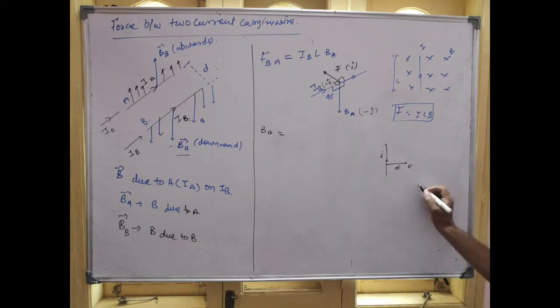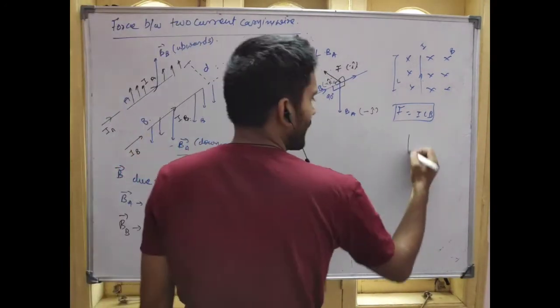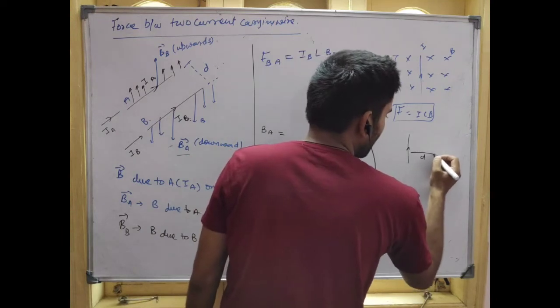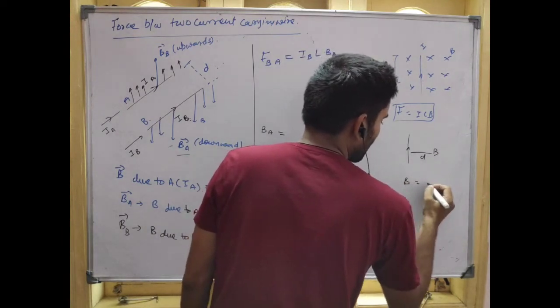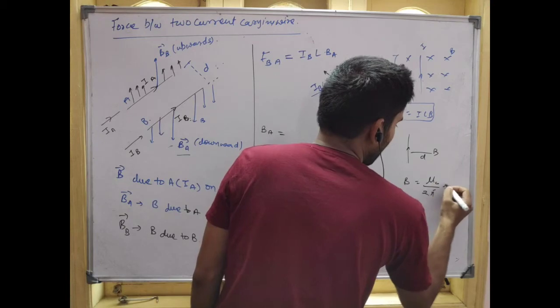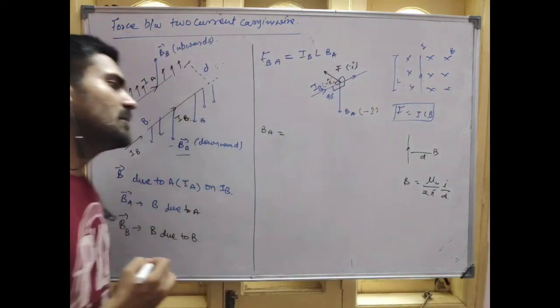Mu naught I by 2 pi D. If the wire is there at distance D, the magnetic field will be mu naught by 2 pi I by D, right? This will be the magnetic field.